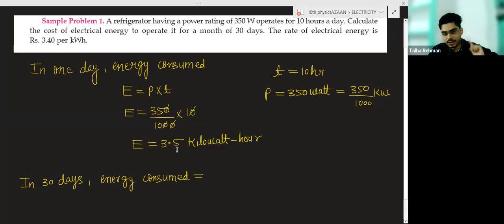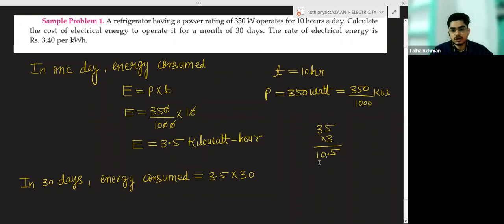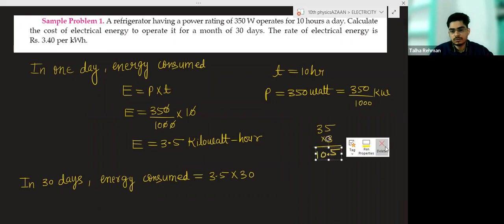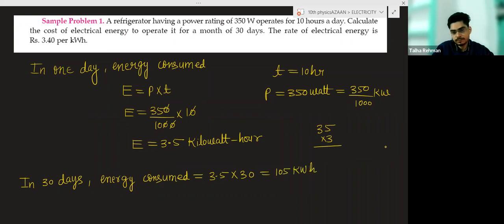In 30 days, 3.5 into 30. So it will be 105 kilowatt hour.